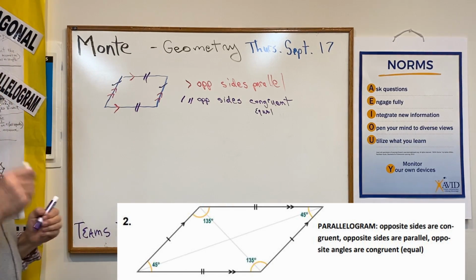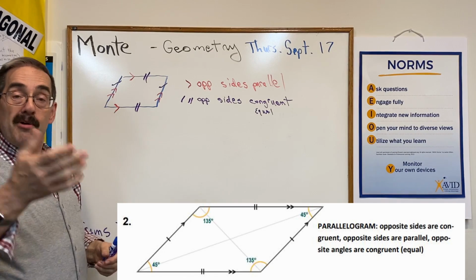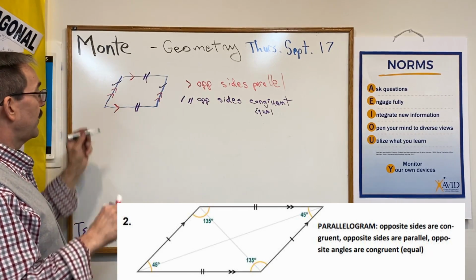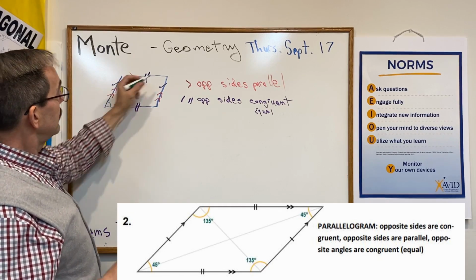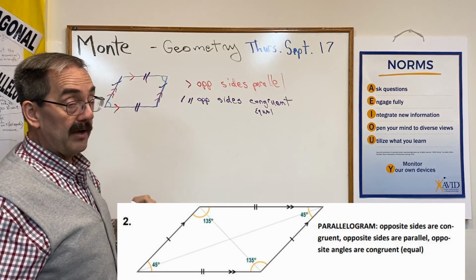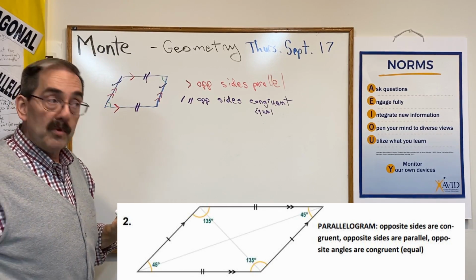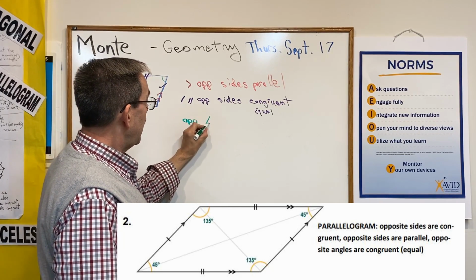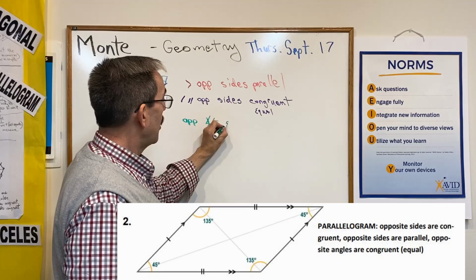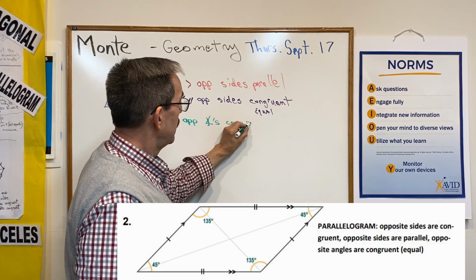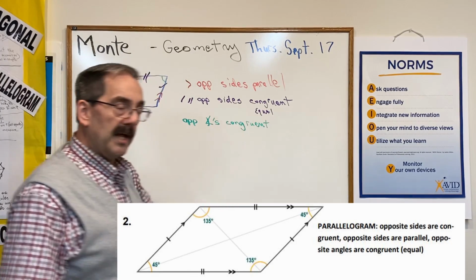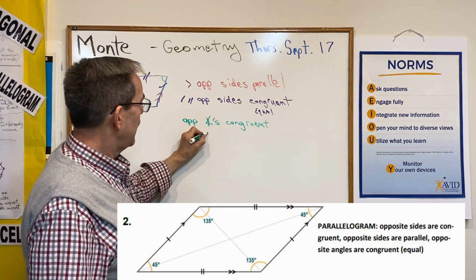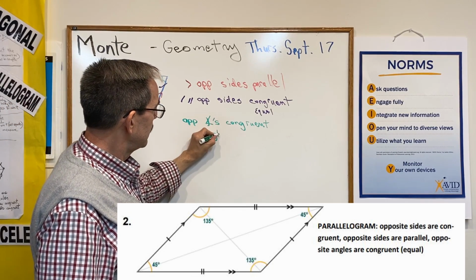Now, we're going to be talking later about angles. Angle measures. This angle is equal to that angle. They're congruent, equal in measure. So we have opposite angles are congruent. Again, lots of vocabulary. What did he just write? What is that goofy symbol? Angles.